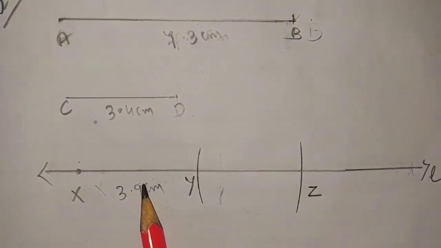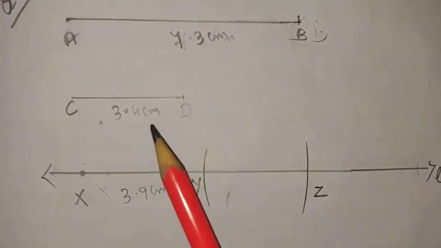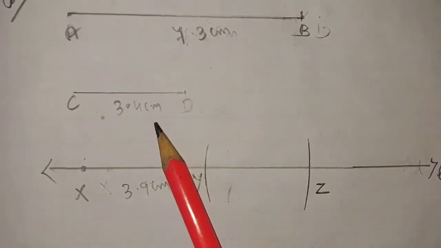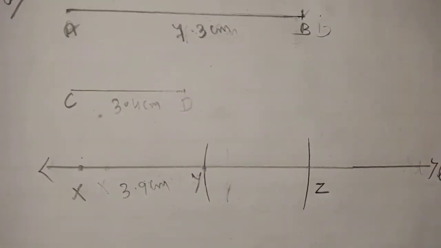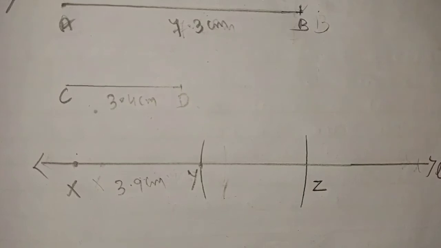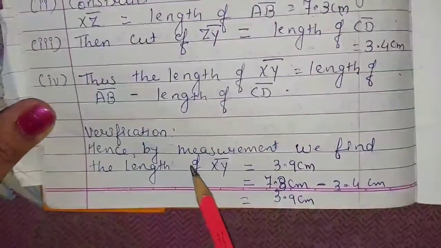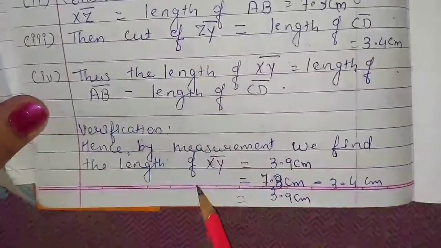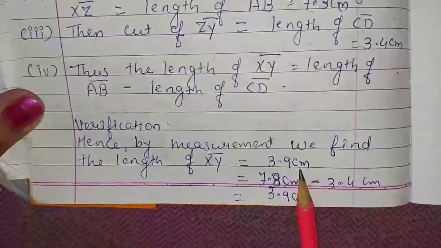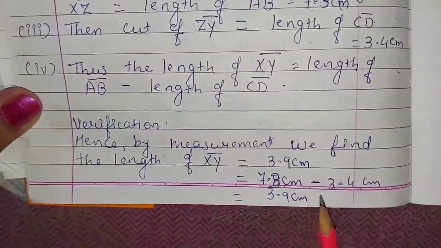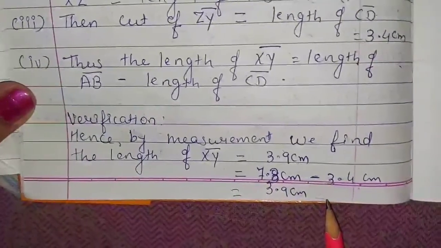This 3.9 centimeter is what? Subtraction of 7.3 minus 3.4. So this is our measurement of XY. Let us write this by the measurement verification. Hence, by measurement we find that the length of line segment XY equals 3.9 centimeter. How? 7.3 centimeter minus 3.4 centimeter equals 3.9 centimeter.